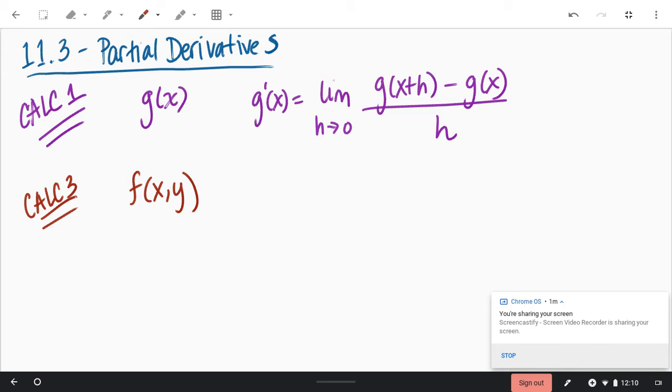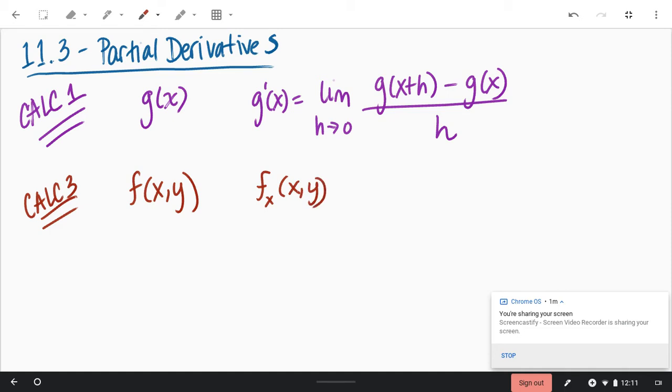So we take what's called partial derivatives, and we're going to go over all of the different notations for it, but the one that you're going to see most often would be something like this. It's an f with a little subscript x. That means you're taking the partial with respect to x of that function.